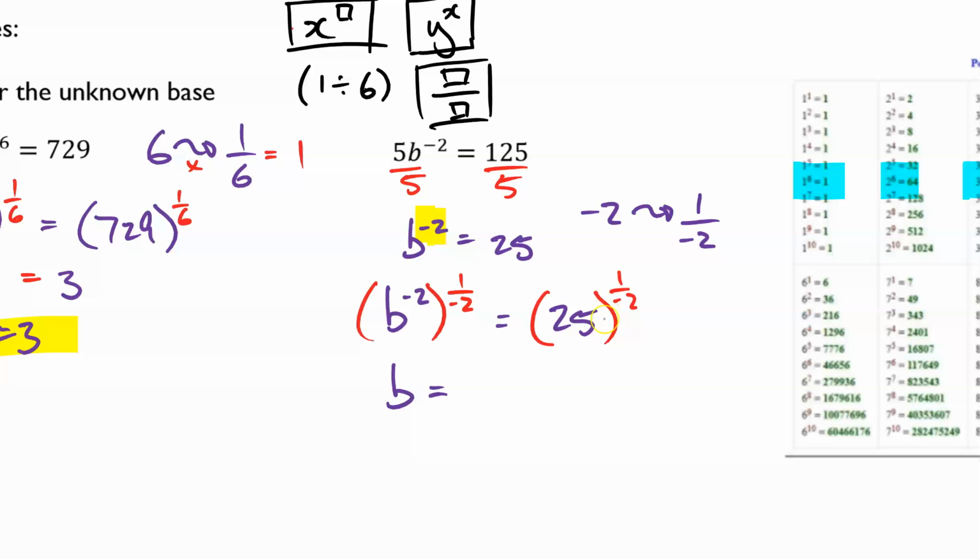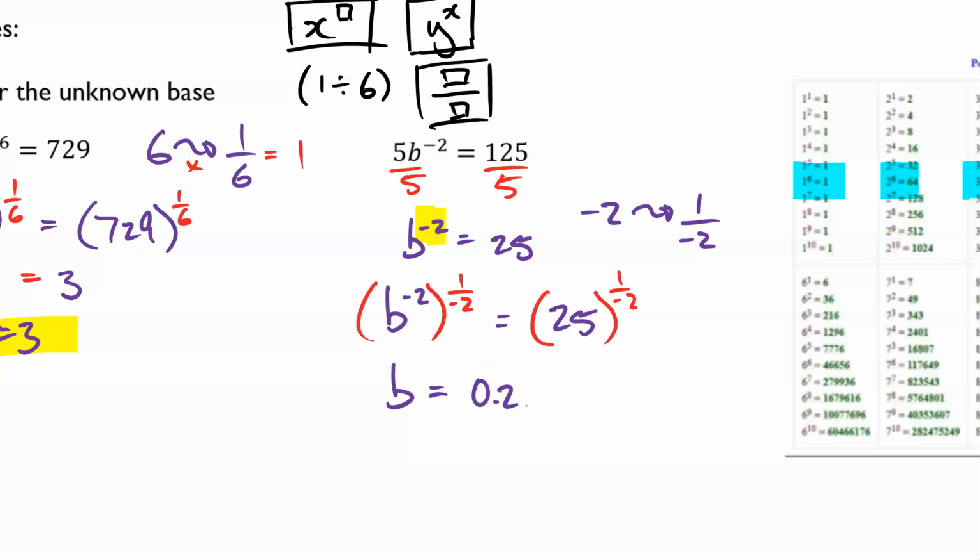On the right side, you go 25 to the exponent 1 divided by negative 2, or negative 1 over 2, okay? And punch that in. And you can get a couple things, but on my calculator, I got 0.2, right?